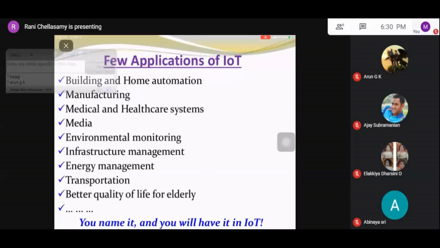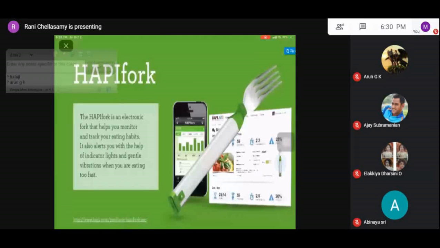In addition to that, in this picture you can see the fork. This fork is termed the Happy Fork, an electronic fork that helps you monitor and track your eating habits. It alerts the person with the help of indicating lights.